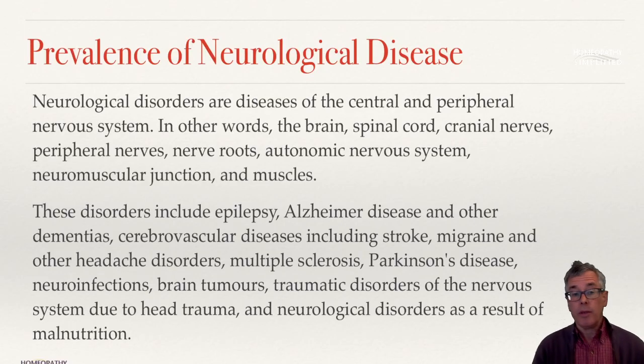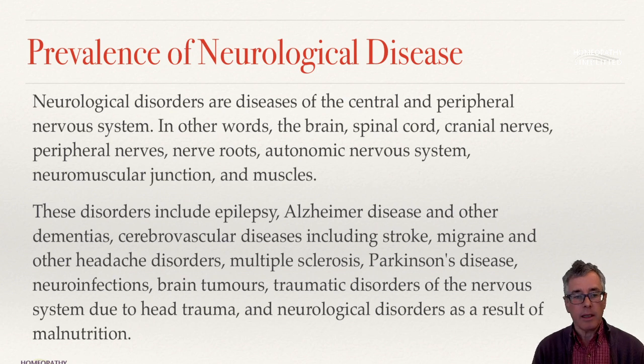So first we'll talk about the prevalence of neurological disease. This is a repeat for those of you who've watched the bigger video of this lesson, but I'll run through it quickly. These are diseases of the central and peripheral nervous system. In other words, the brain, spinal cord, cranial nerves, peripheral nerves, nerve roots, the whole autonomic nervous system, neuromuscular junctions, and muscles.